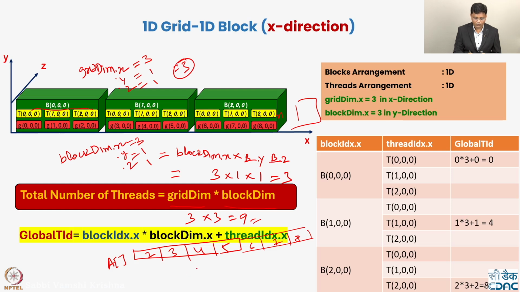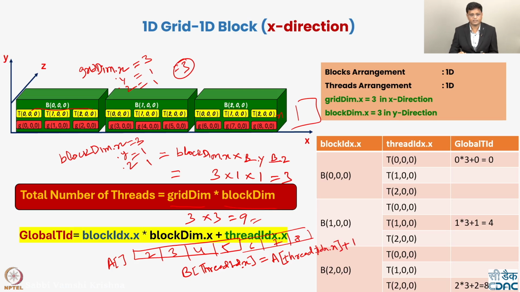Suppose you want to make an array B and you have given the value B[threadIdx.x] is equal to A[threadIdx.x], and you are adding some value 1 to it.